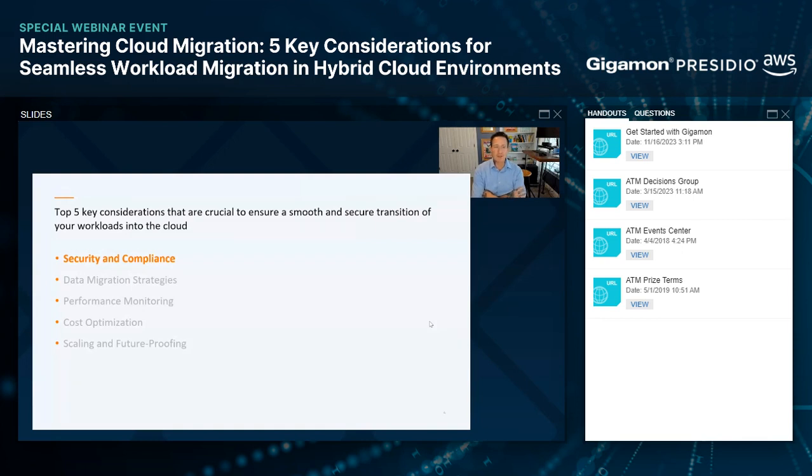Most notably, it comes in the context of, can I, as a customer, do the same level of security in AWS as I've been accustomed to on premises, or the standard for my industry or for the service that I'm providing? And generally, the answer is yes.